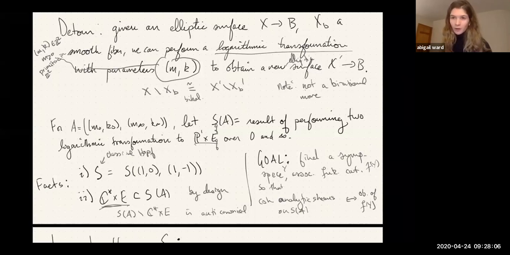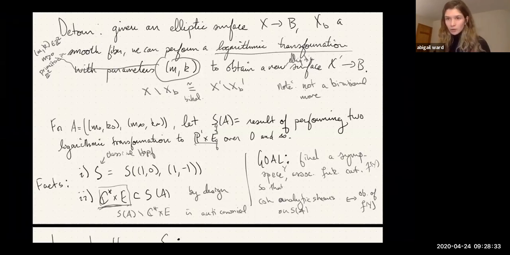I guess I didn't say this, but you expect that mirror symmetry commutes with products. So you have a potential mirror to this, and now if I was doing mirror symmetry for P1 times E, I could just compactify by adding in a Landau-Ginzburg superpotential. I get boundary conditions on my Lagrangians at infinity. Maybe I hope to do the same thing here. And that's indeed what we're going to do.